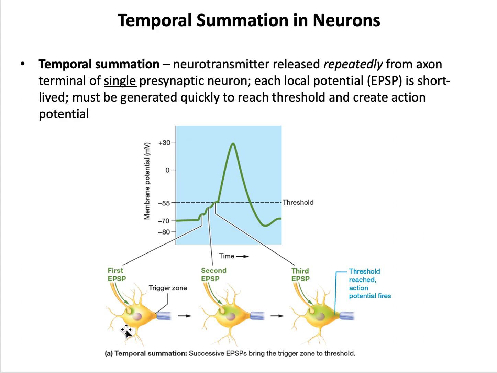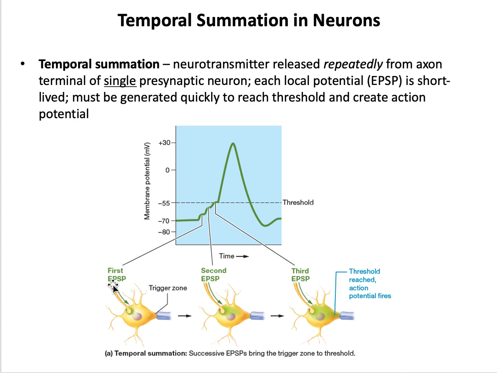Temporal summation: here we have our postsynaptic cell body, and we only have 1 presynaptic axon terminal synapsing with our postsynaptic neuron. Now, if it only fires once, we might get a little bit. This is excitatory neurotransmitter causing an EPSP on the postsynaptic cell.